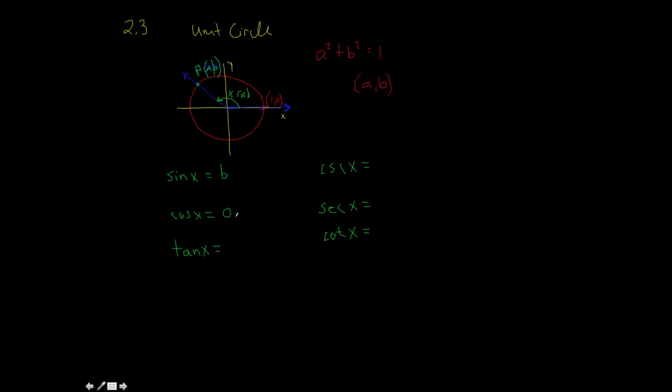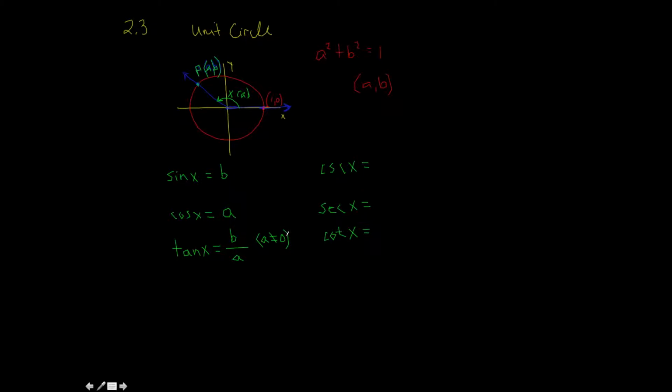Cosine x is going to be a, so cosine x will be the x-coordinate. Now, if you remember back to chapter 1, tangent was y over x. So this is going to be the same thing here, b over a, the y-coordinate over the x-coordinate, as long as a does not equal 0. Because if a equals 0, obviously the fraction would be undefined.